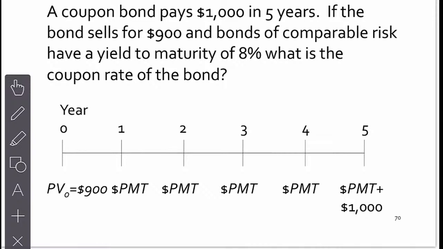Since the bond is selling at a discount, this is a discount bond, it means that the coupons will not be sufficient to pay you the 8% yield. So that means the coupon rate must be less than 8%. Okay, so you should feel comfortable about that. Right, should be lower. So let's solve this.